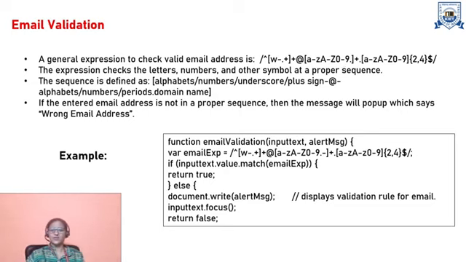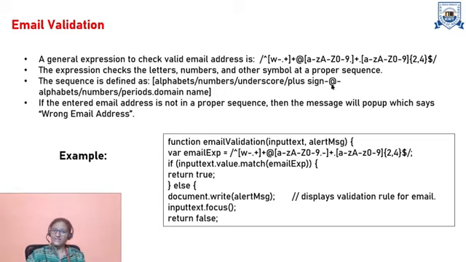We can't put an email according to our wish. The sequence is first alphabets, all the alphabets, then numbers, underscore, plus sign, at the rate. Then after the at the rate symbol, because at the rate must not be at the beginning.